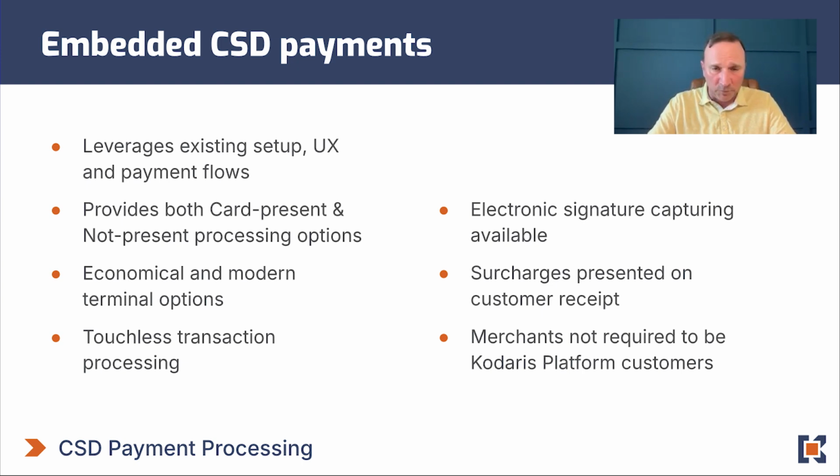So for those customers who choose to implement surcharging and try to recoup some of those merchant processing fees, in order to maintain compliance, there are some things you need to do. One of them is you need to be able to present the surcharge amount as a unique line on the customer receipt. So we're bringing that information in, calculating the surcharge, but also then showing it on the receipt for the customer. So, part of that compliance path.